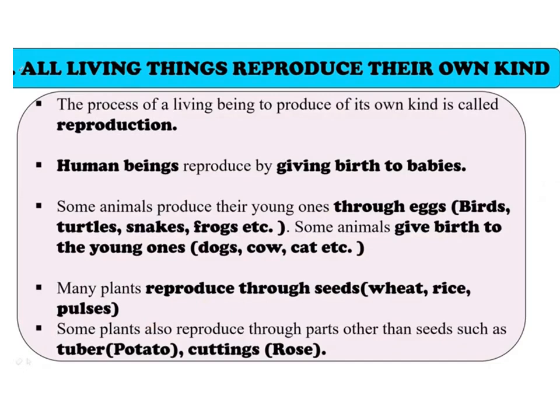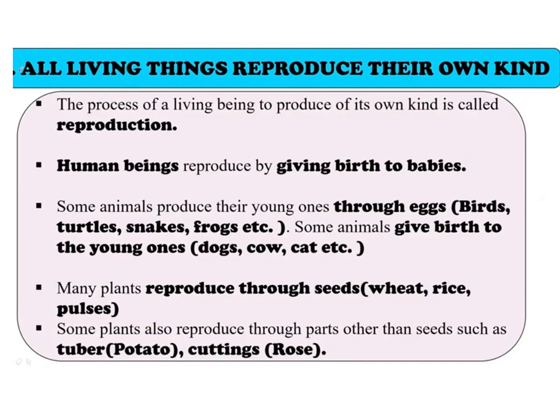Birds lay eggs which after hatching produce young ones. So animals reproduce their own kind. The process of a living being producing its own kind is known as reproduction. By this process new organisms of their own kind are formed.